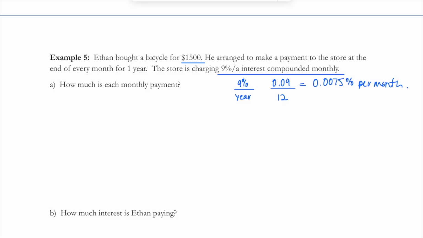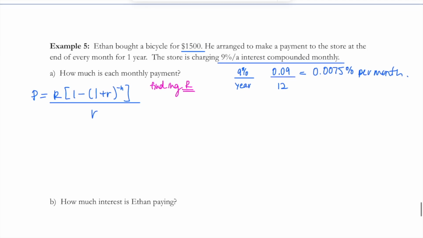Okay. So now, the trickiest part of this question is deciding what that 1,500 represents, okay? It is not the regular payments. That is the total investment, okay? So when I look at P equals R, 1 minus 1 plus i to the negative n, over i, what we're actually doing is we're finding R. Okay, we're finding the regular payment that needs to be made.